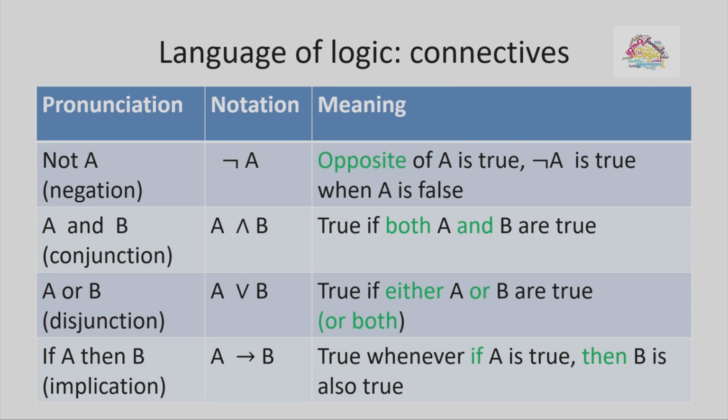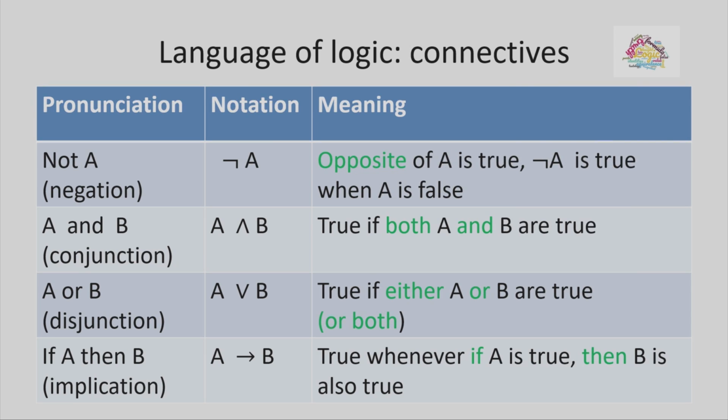Another useful connective is conjunction, or "and." I will usually say "and" because conjunction is too long a word to pronounce. And "A and B" is true whenever both A and B are true.